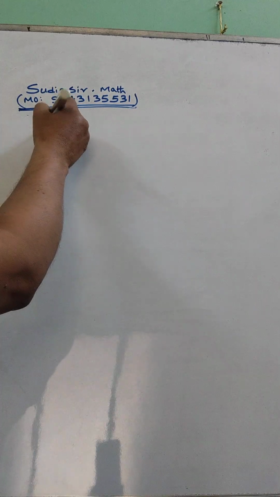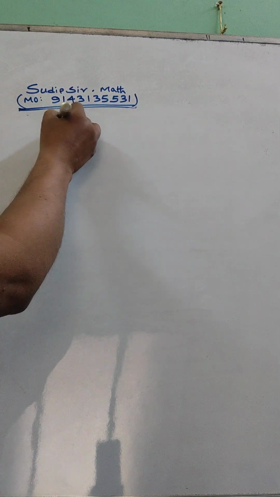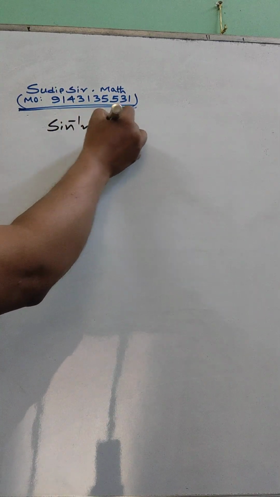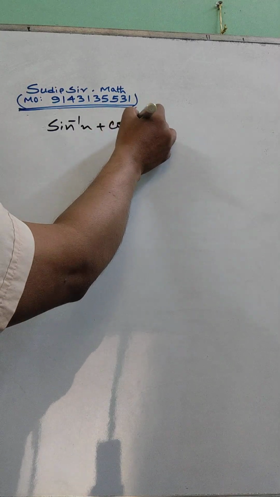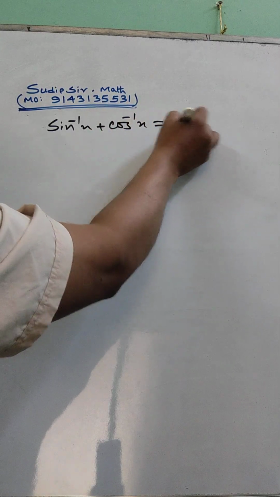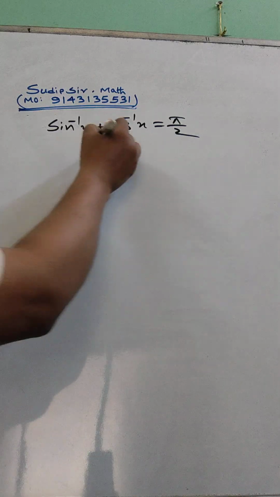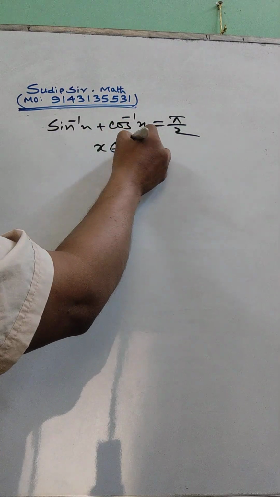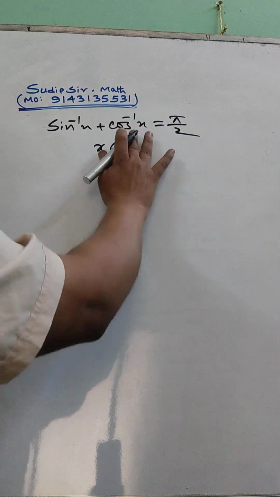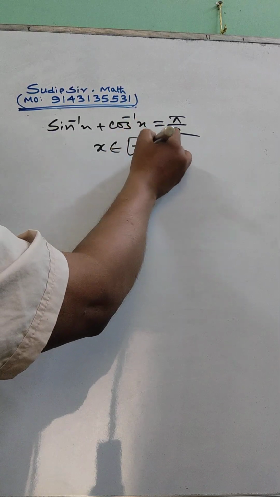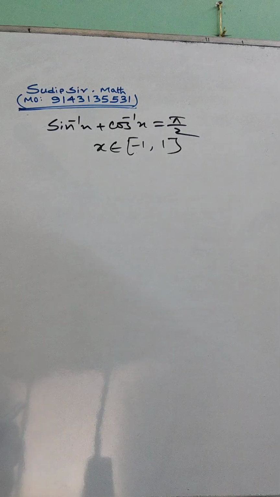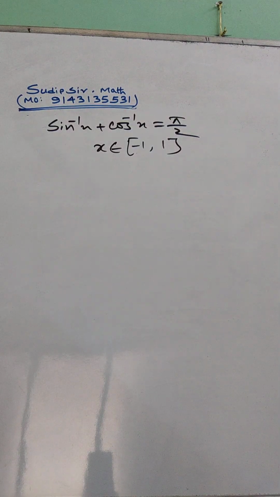Sin inverse x plus cos inverse x equals pi by 2, where x belongs to minus 1 to 1.